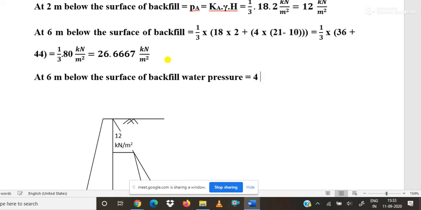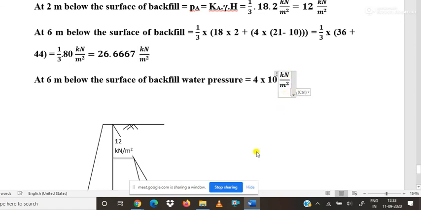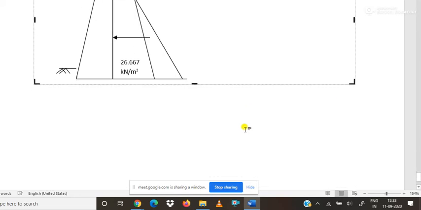4 multiplied by 10 kilonewton per meter square, that is equal to 40 kilonewton per meter square.